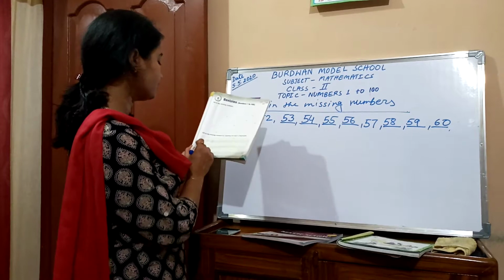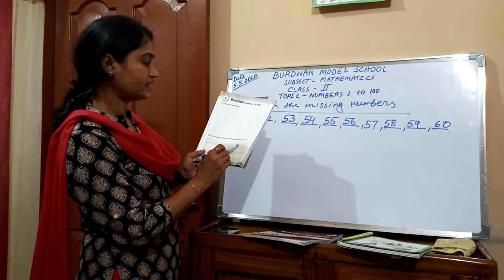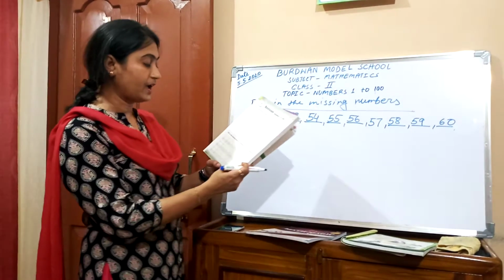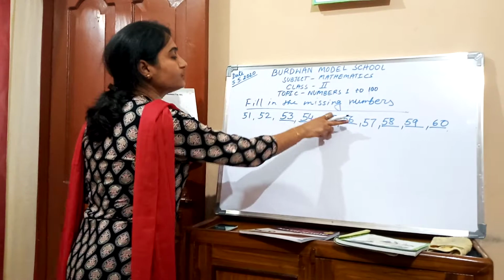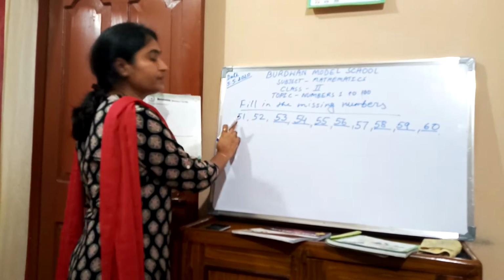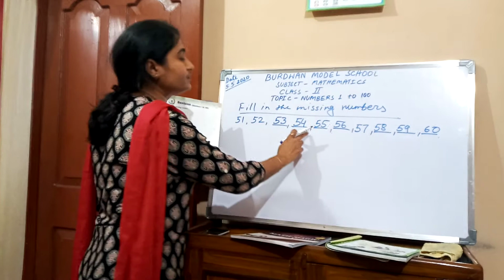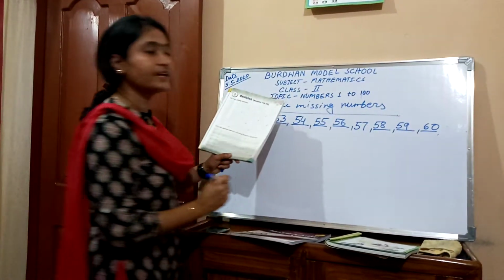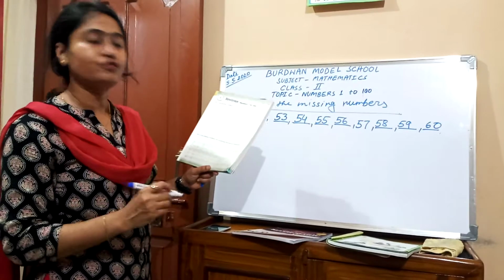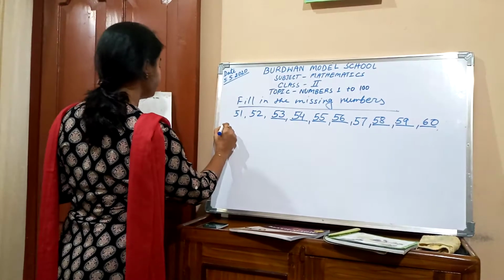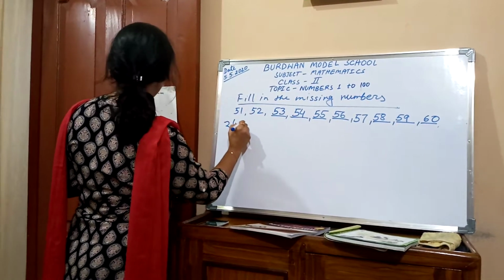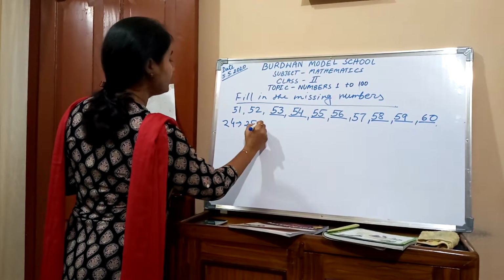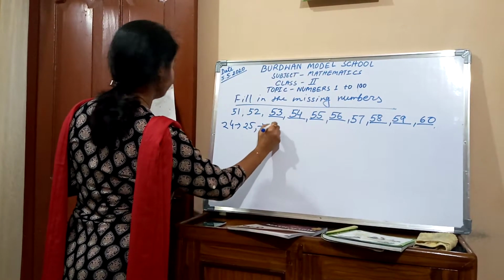Now the next: 1, 2, 3, 4, 5, 6, 7, 8, 9, 10. You have 10 gaps. This is forward counting. 51, 52, 53, 54, 55, 56, 57, 58, 59, then 60. It is called forward counting. Now 24, 25, 26.